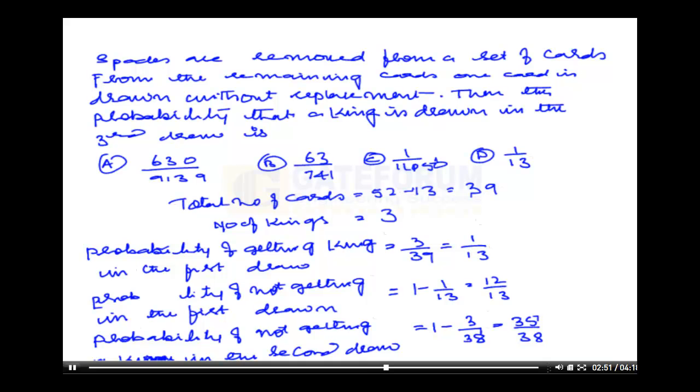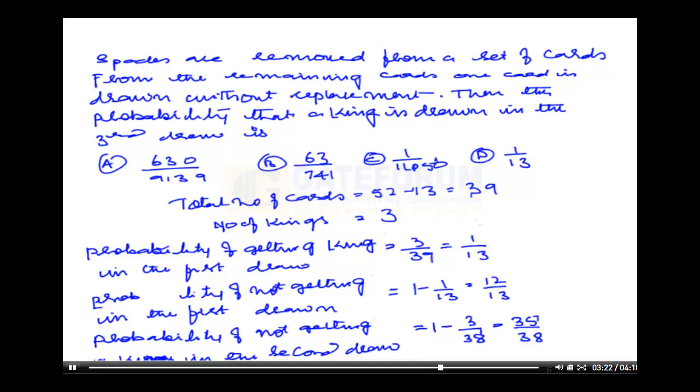Similarly, we can find the probability of getting a king in the third draw, equivalent to 3 by 37, because we have removed one card earlier.